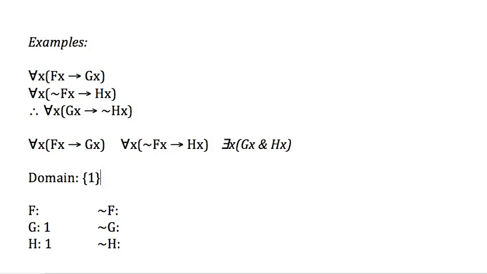So long as 1 is the only thing in our domain, it doesn't matter whether 1 is an F or whether 1 is a non-F. In either case, all of these formulas will come out true. So this is enough to refute our argument. Okay, so in this case, the refutation was very easy. We have a domain with one thing in it and this very simple interpretation of the predicates.